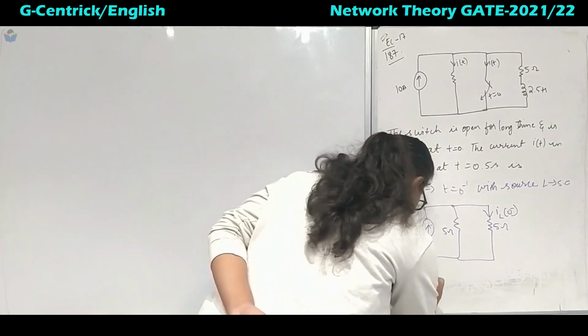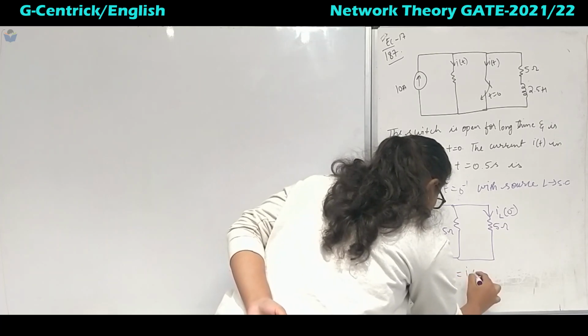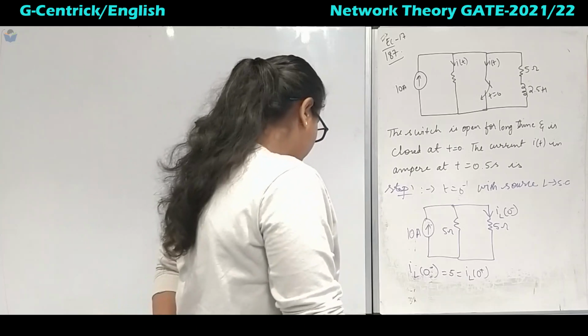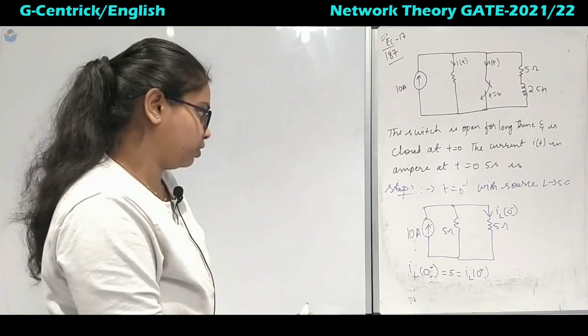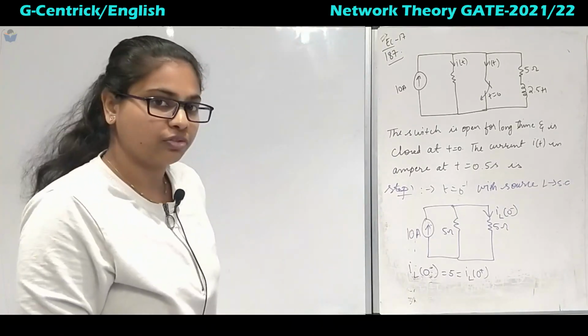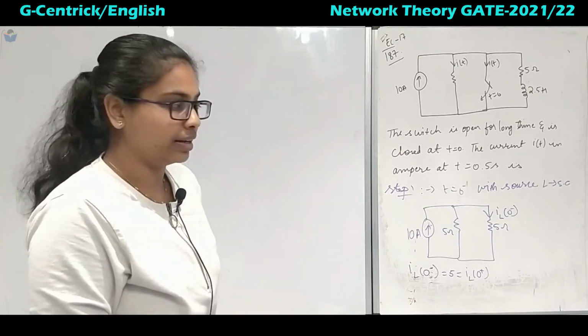So our IL of 0 minus will be 5 ampere, which is also true for IL of 0 plus. If you do step 2 also, again you will get IL of 0 plus equal to 5 amperes only, so that step can be ignored.